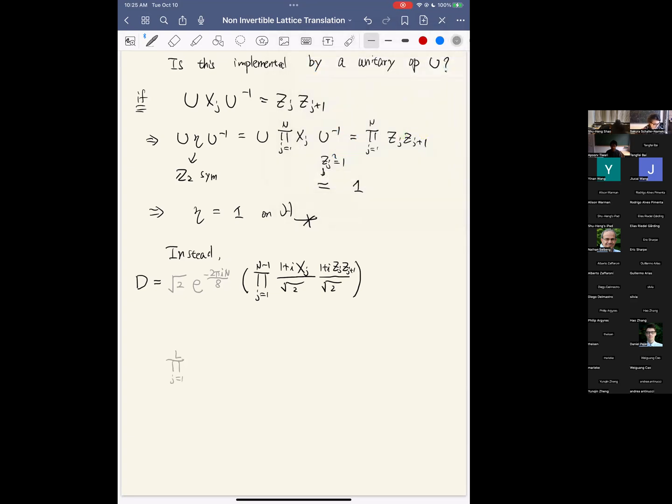Since we're taking a product of non-commuting objects, what I really mean by product is that I order them in the following way. Then there's another piece that takes this form. And finally, I'm going to write this piece in red. All right, so that's the operator.